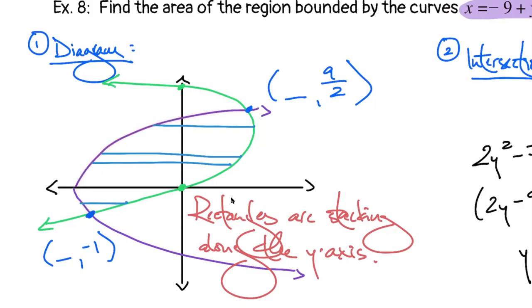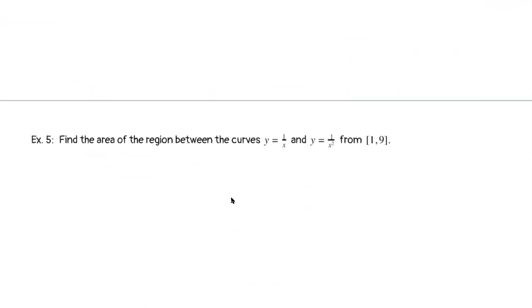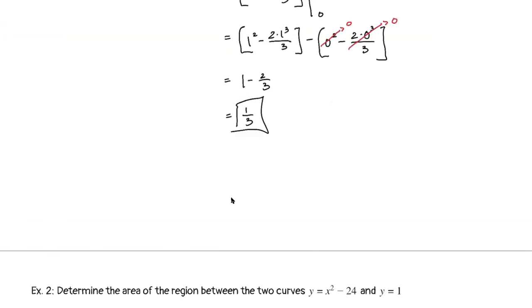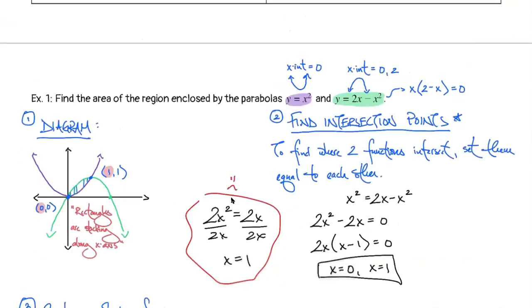So here's one thing. In this diagram, in the interval we are looking at, every rectangle in that area has the same right curve and the same left curve, okay? Let's go back to example number 1. Oop.